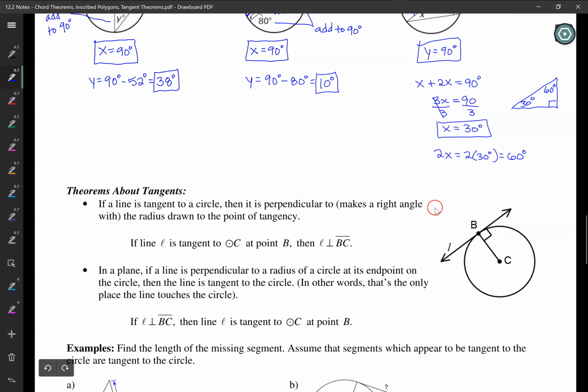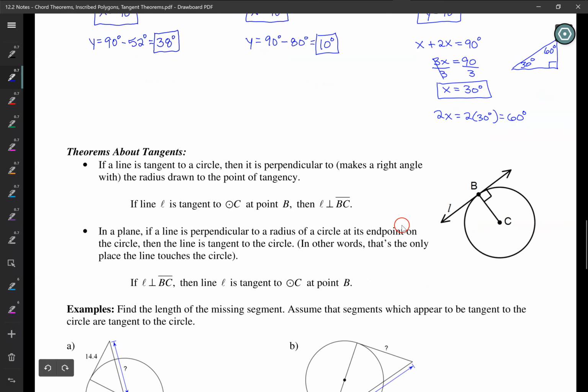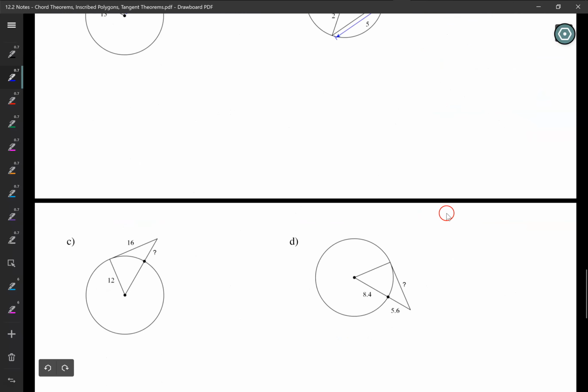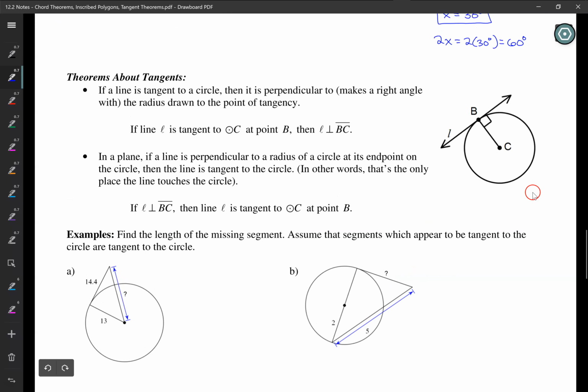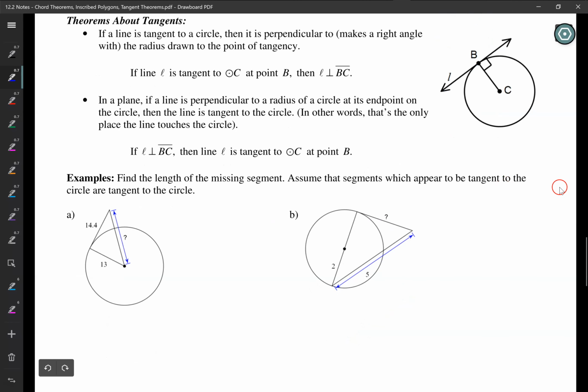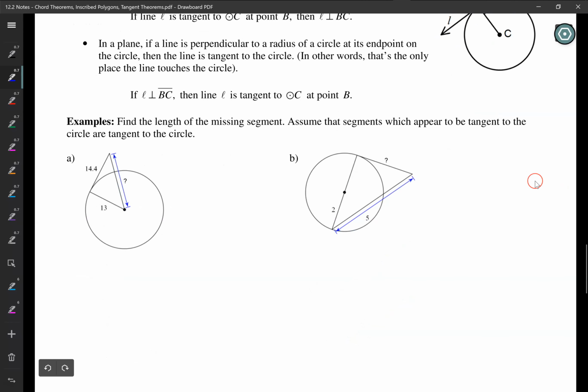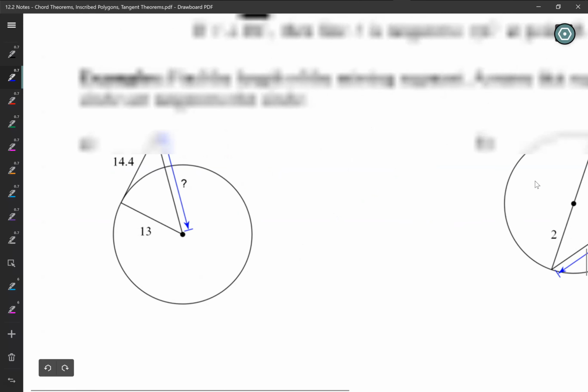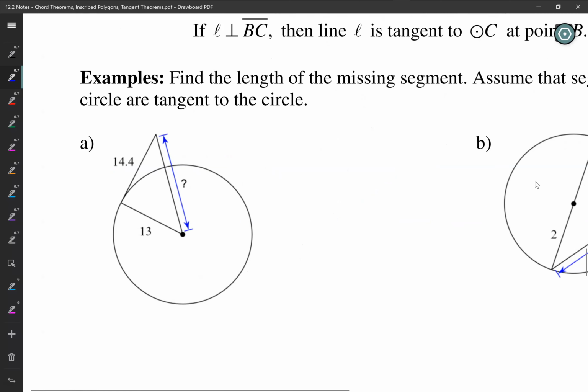So since we're talking about right angles, we're going to be looking at some triangles, and we're going to be using the Pythagorean theorem. These say, find the length of the missing segment. Assume that segments which appear to be tangent to the circle are tangent to the circle.